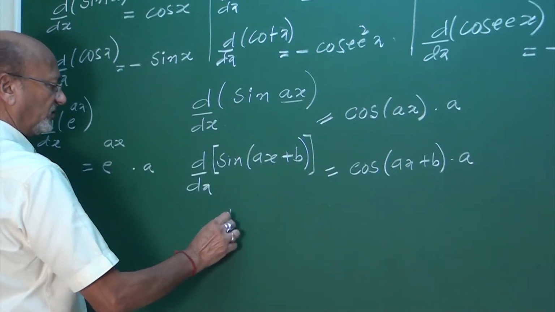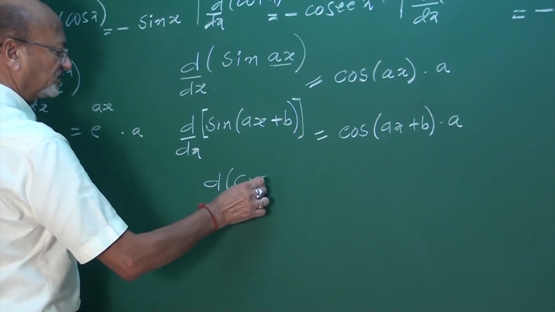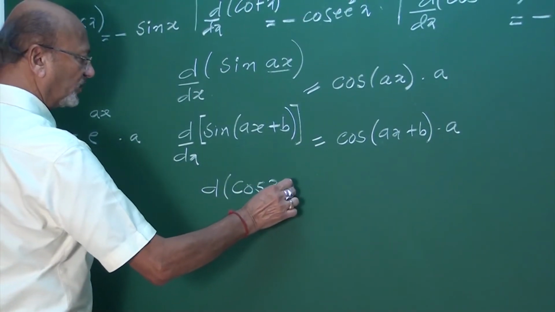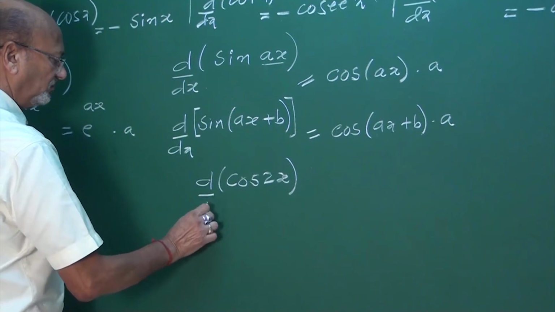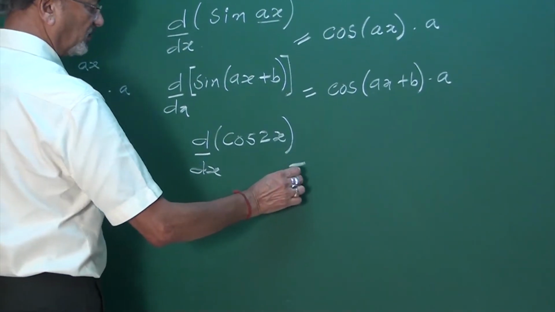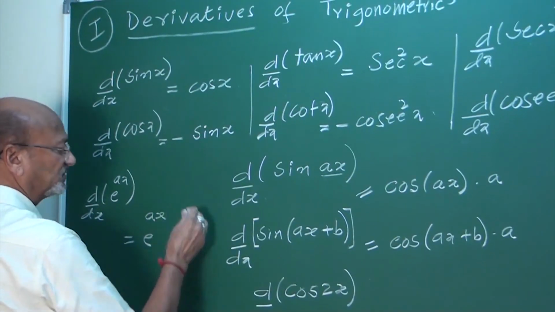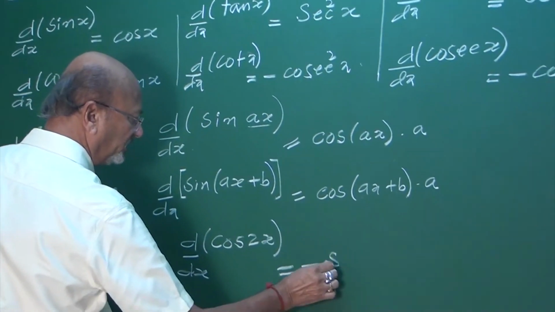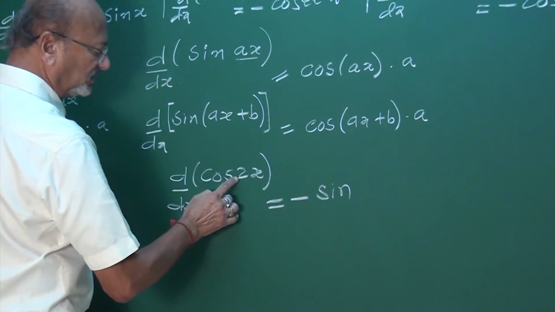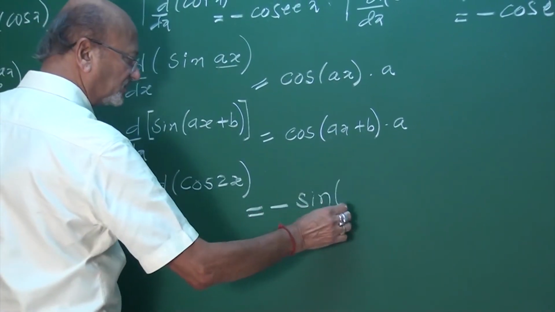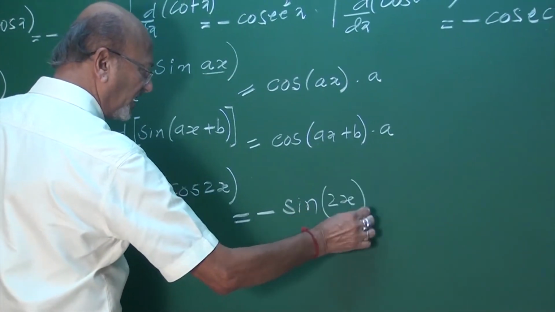Therefore, consider the derivative of cos 2x with respect to x. The derivative of cos is minus sine, with the given angle as it is.